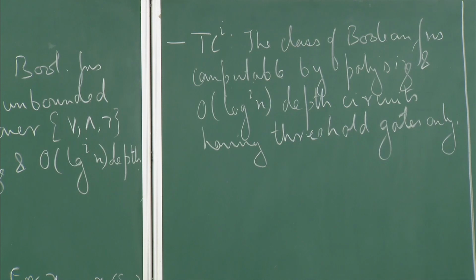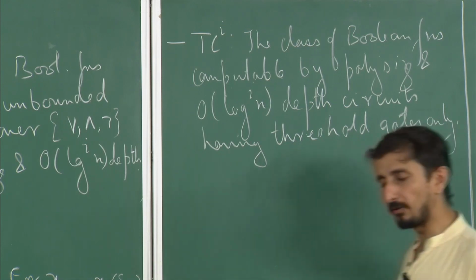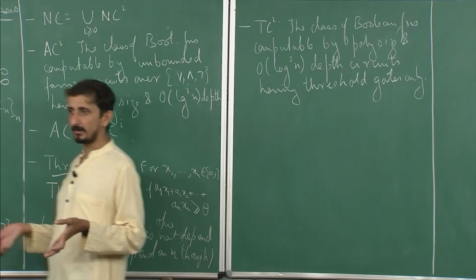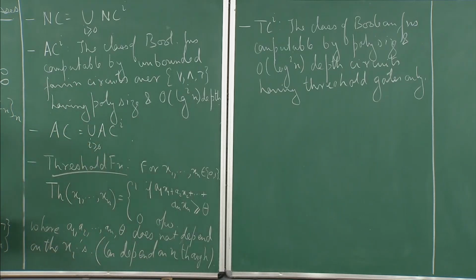Okay. So, now if I say that a circuit, I will allow a circuit only to have threshold gates. TCi is basically all the functions that can be computed by such circuits which have polynomial size and log to the power i n depth.